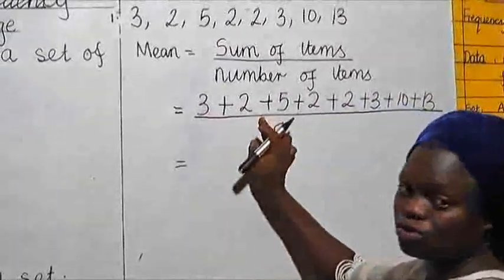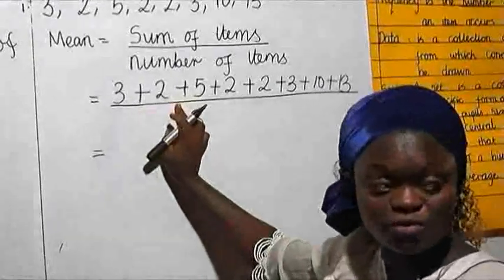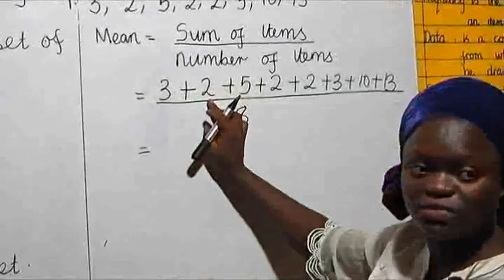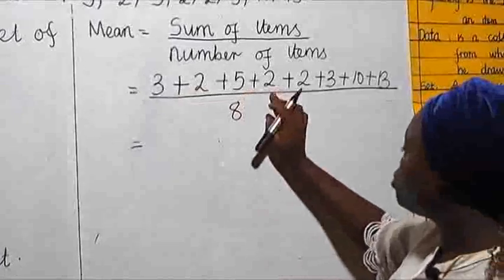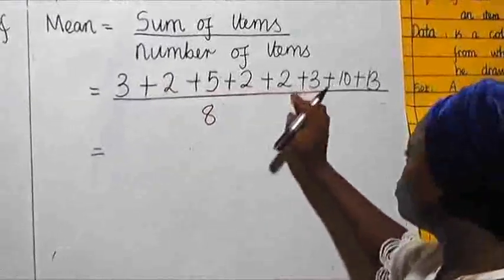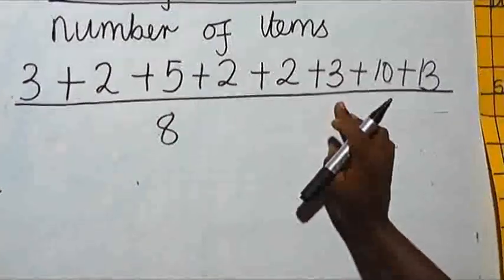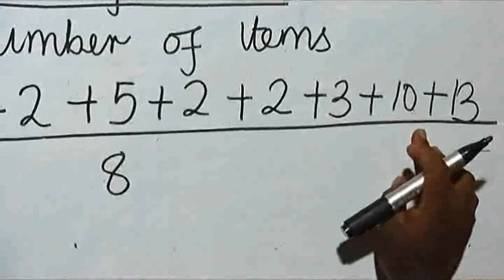So 3 plus 2, you can pick your pencil and count behind your book, or you get your rough book. Don't count inside your notes. 3 plus 2, that is 5. 5 plus 5, 10. 10 plus 2, 12. 12 plus 2, 14. 14 plus 3, 17. 17 plus 10, 27.